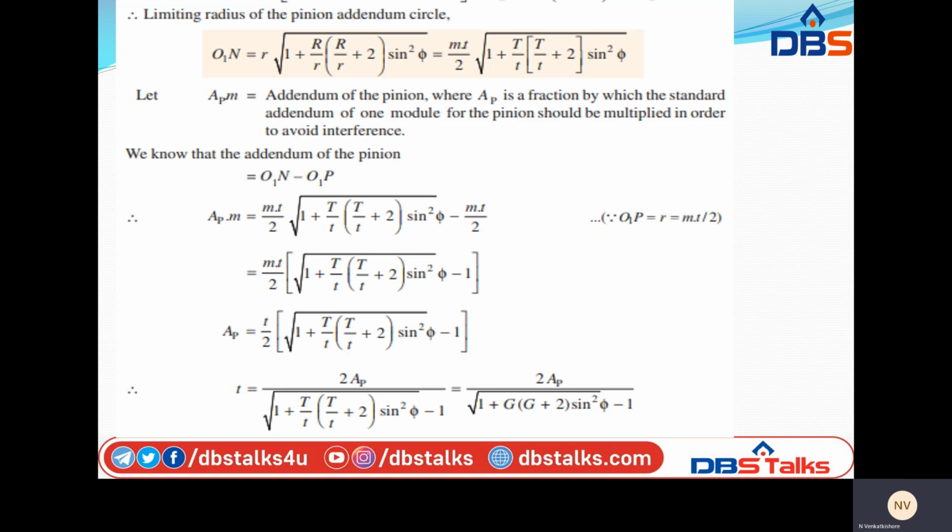Let us go for the addendum of the pinion, that is a suffix p, a p into m, that is the addendum of the pinion, where a p is a satisfactory fraction by which the standardized addendum of one module for the pinion should be multiplied in order to avoid the interference.